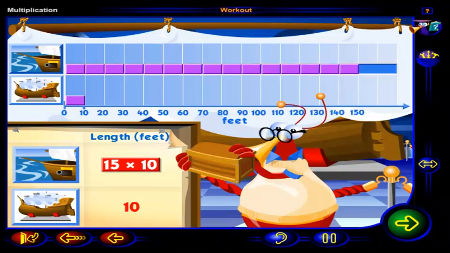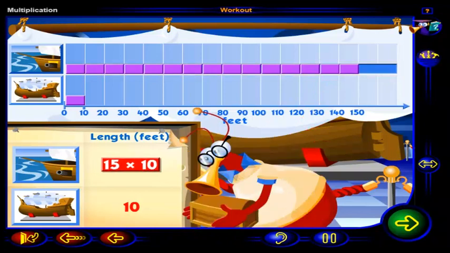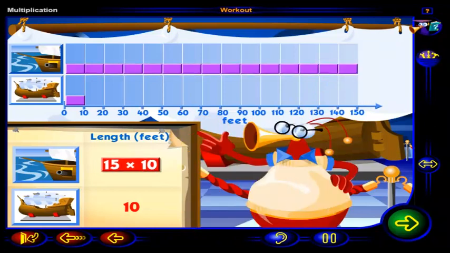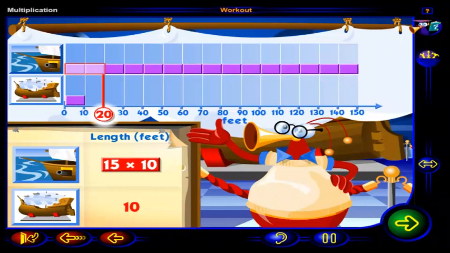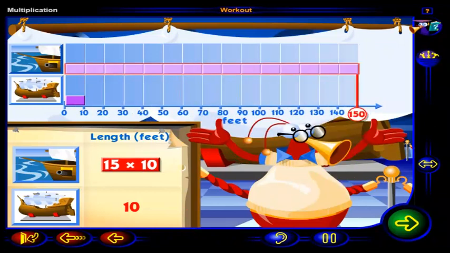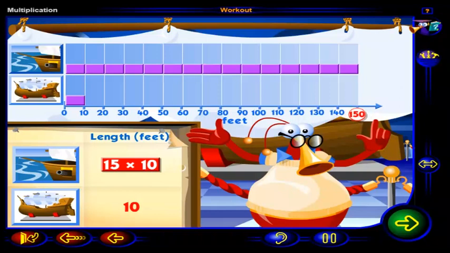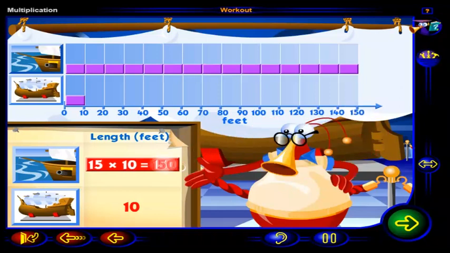That's it. 15 bars show 15 times 10 feet. You can see from the number line that the length of 15 bars is 150 feet. So, some pirate ships were about 150 feet long.